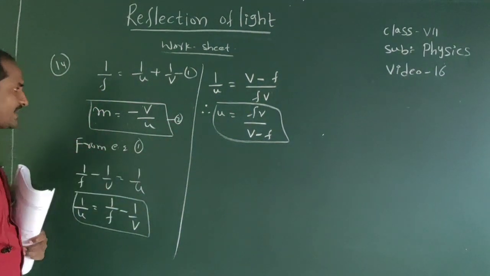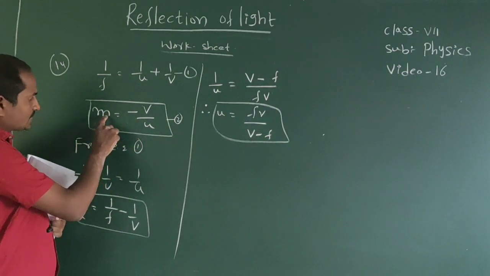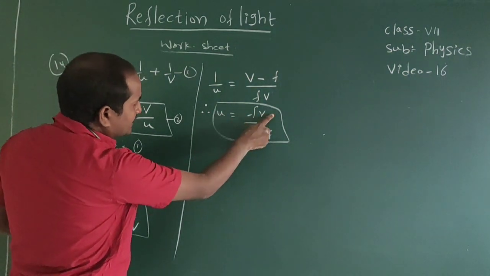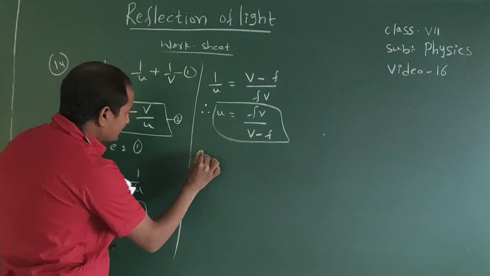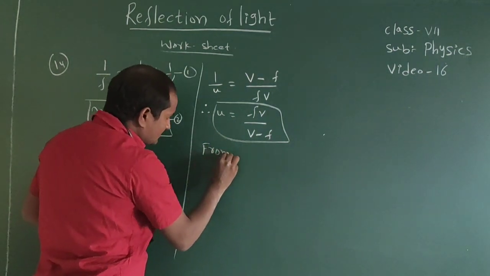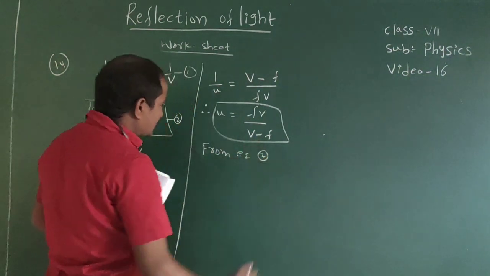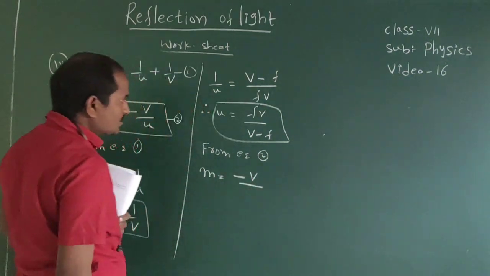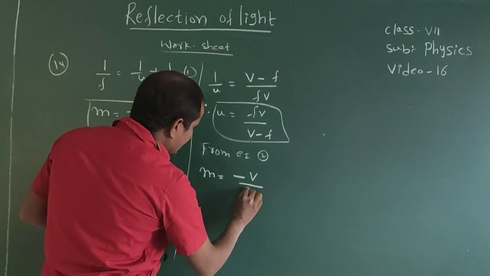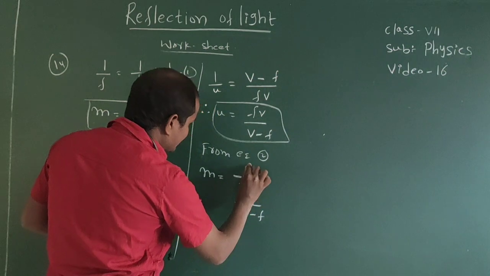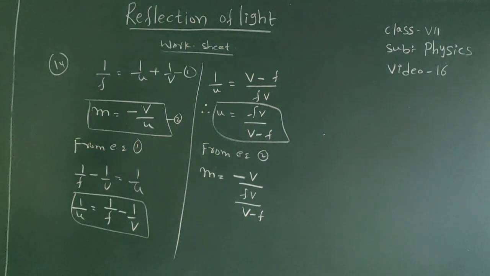Now what is equation number 2? From equation number 2, m equal to minus v by u. In the place of u, we can substitute f into v by v minus f. So m equal to minus of v by f into v by v minus f.